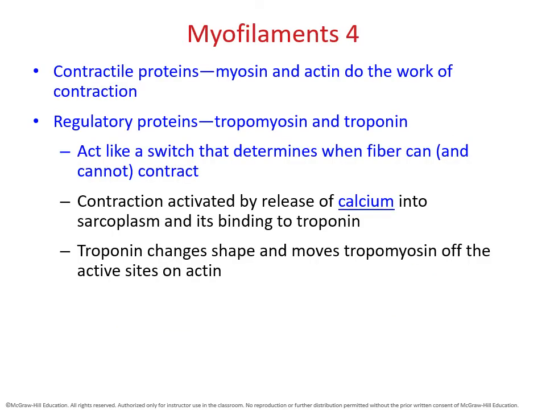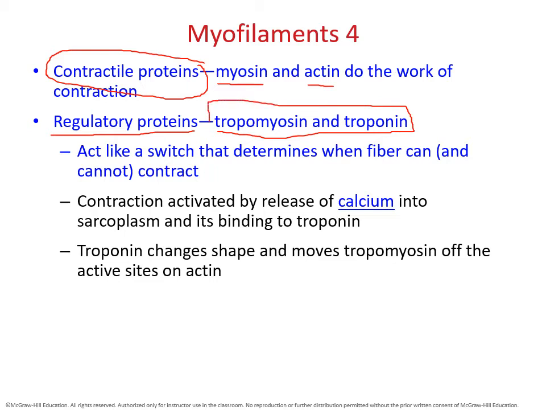All right, so the contractile proteins, what's going to allow the muscle to actually contract, is going to be the interaction of myosin, thick filament, and actin, thin filament. And then we're going to have regulatory proteins. These are going to be your tropomyosin and troponin. Remember, these are the elongated proteins that cover up the active sites on the actin.